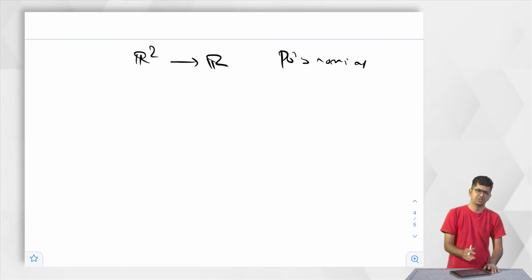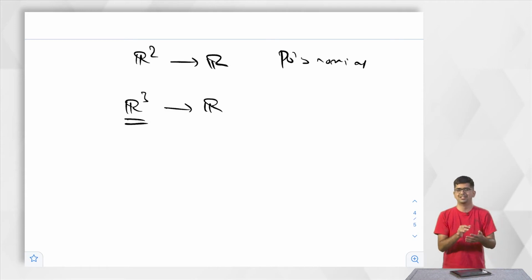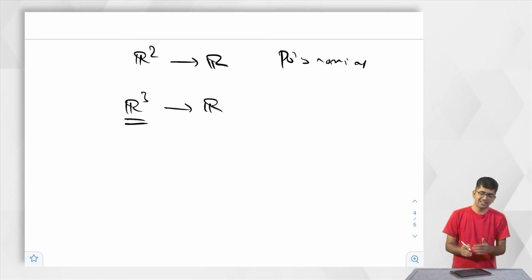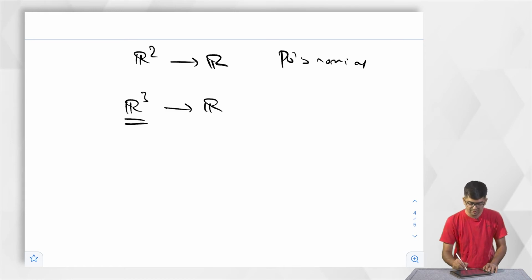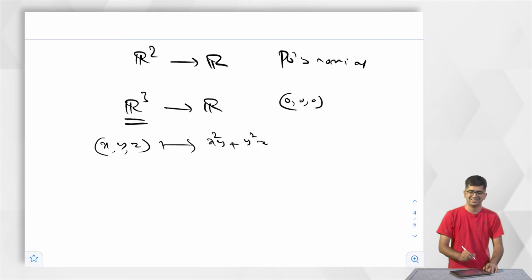Is it only special about R2? What about R3? Suppose we take the metric of R3. What is the metric? Again the same, under root of the squared differences of the corresponding three components. If I take any polynomial map, is it a continuous map? That is the question. So let us fix some element (0, 0, 0), where we are trying to check the continuity. And the map is the following: (x, y, z) is mapping to, say, x square y plus y square x, something like that, plus z.